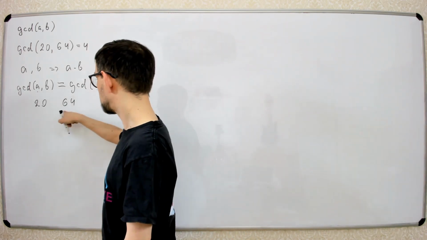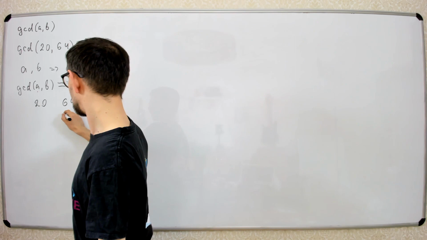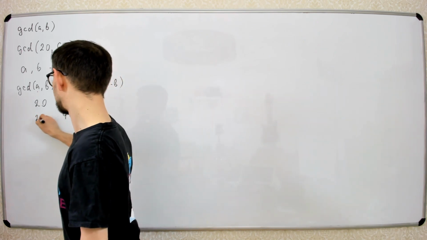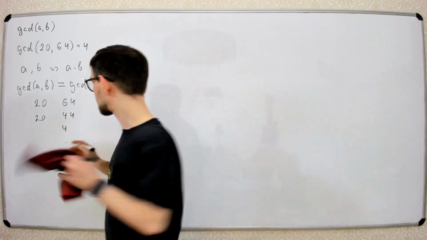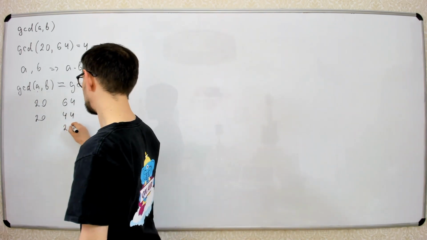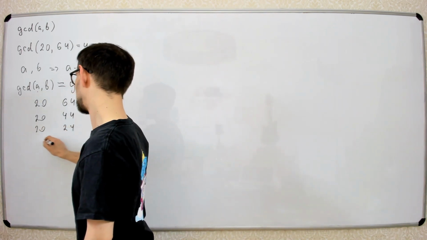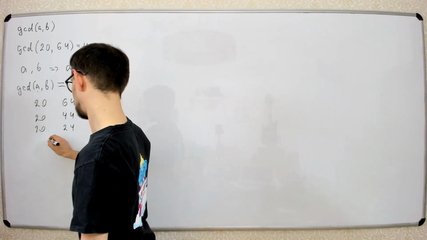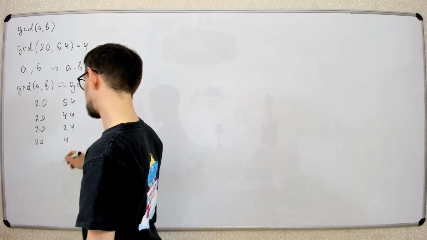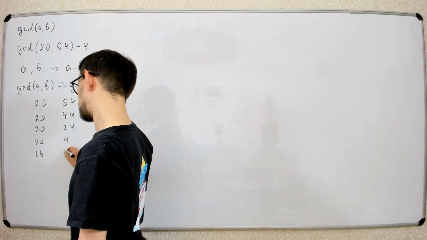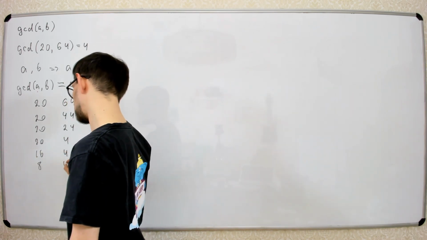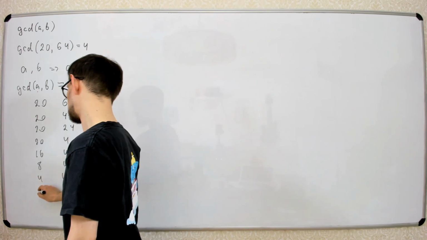So we get from here to the pair 44, 20, then to 24, 20, and then to 20 and 4, and then subtracting here, 16, 4, 8, 4, 4, 4, and finally 0, 4.